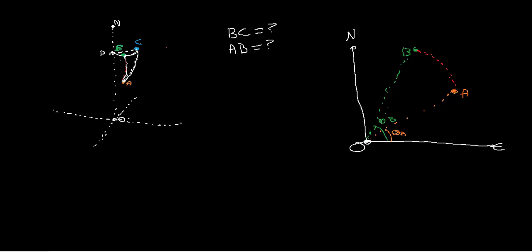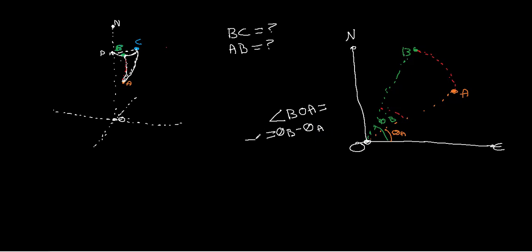So hopefully it's relatively easy to see here that the angle made by BOA, the angle that would subtend to this arc here, is going to simply be theta B minus theta A. And we have a special name for that.